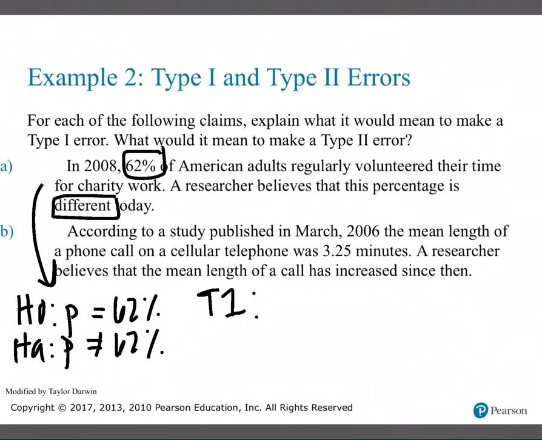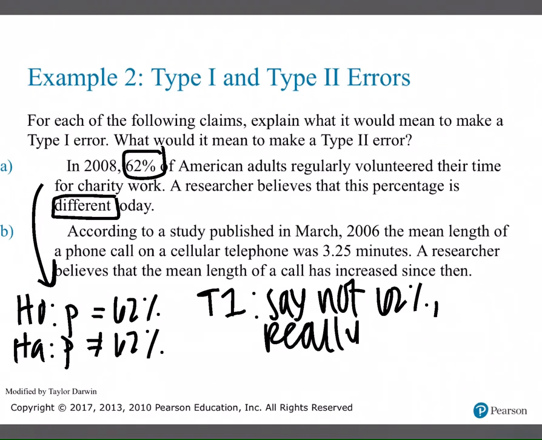We incorrectly read the data or whatever it would be. So that's why it's an error. Actually, I'm going to say it's not 62%, but really it is. So that's the error, because we're basically lying on accident because it's an error on our part.